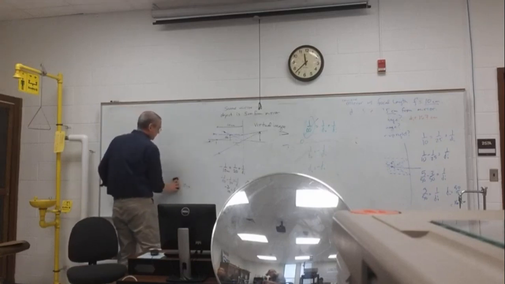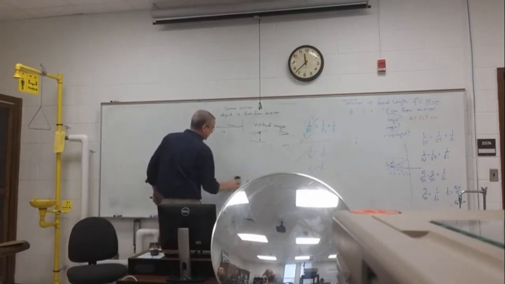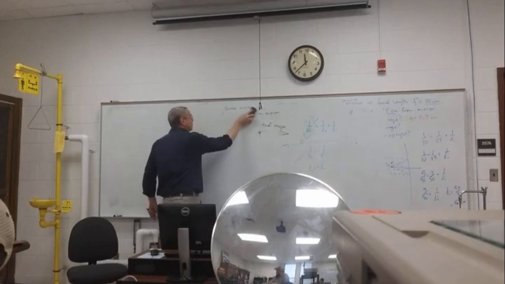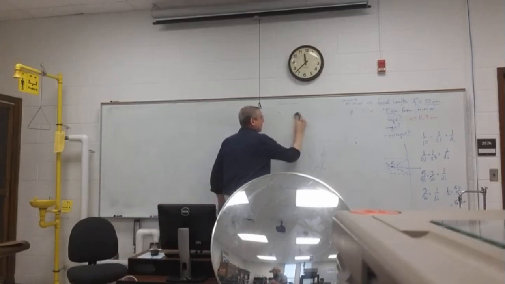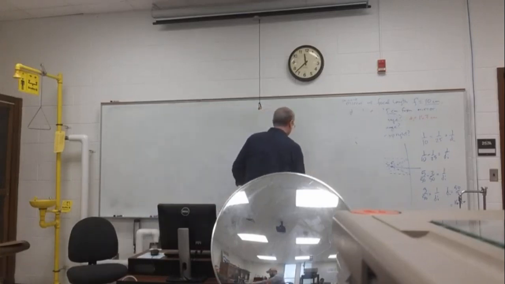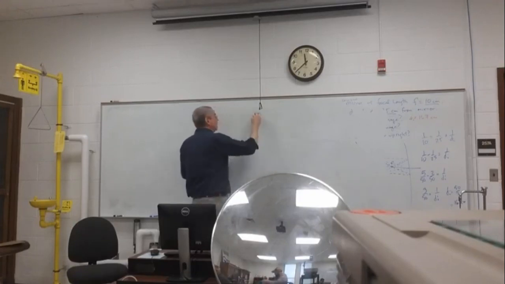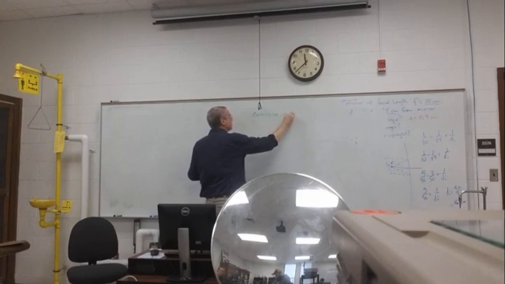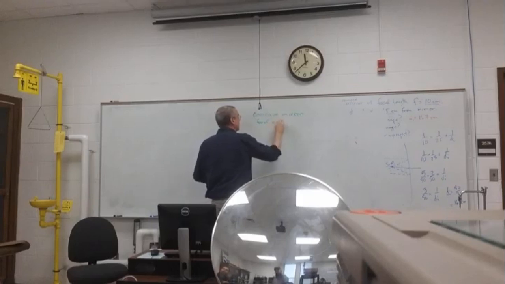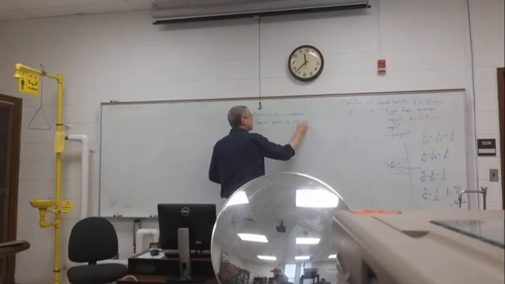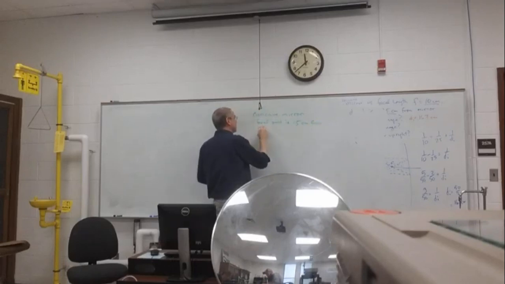All right. Let's make sure that you are up to snuff. You all have calculators as demonstrated earlier. So let's do a concave mirror. Focal point is 15 centimeters from center of mirror.